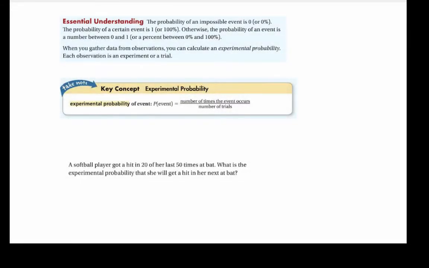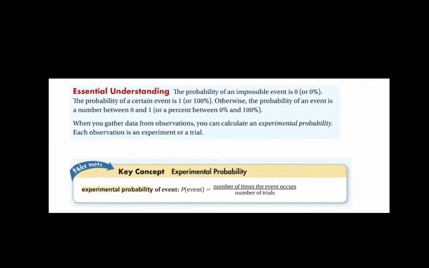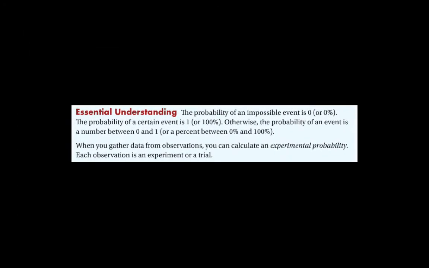So just to elaborate on the possibilities here, the probability of an impossible event is 0, like I just said, or 0%. Probabilities can be expressed as a fraction or a ratio, a decimal, or a percentage. And depending on what we're doing, sometimes the decimal is more useful, sometimes the fraction or the ratio is more useful, and sometimes the percentage is more useful.